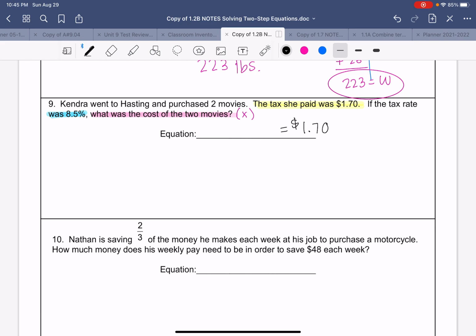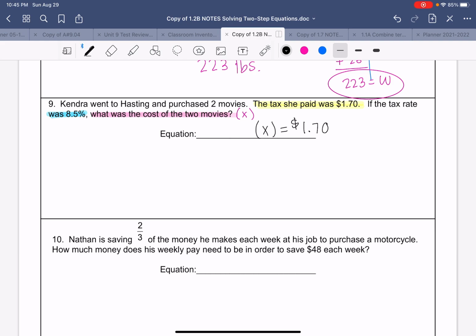The cost of 2 movies is going to be our unknown variable. We know she bought 2 tickets, but we don't know how much they were.